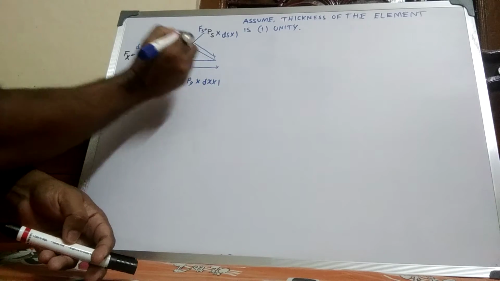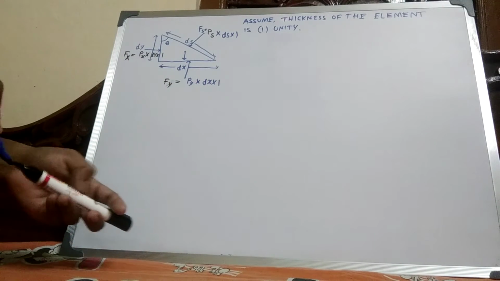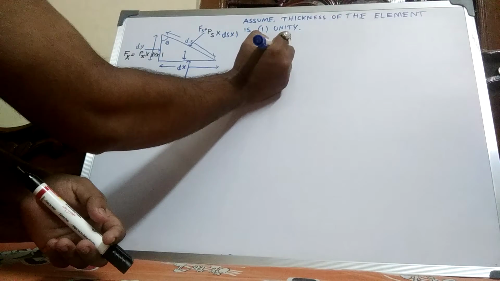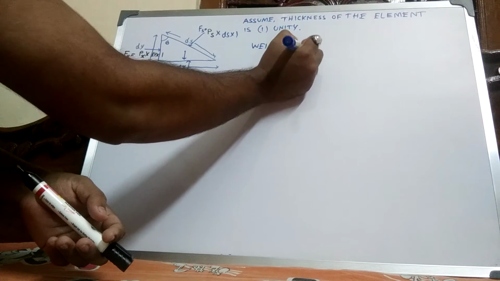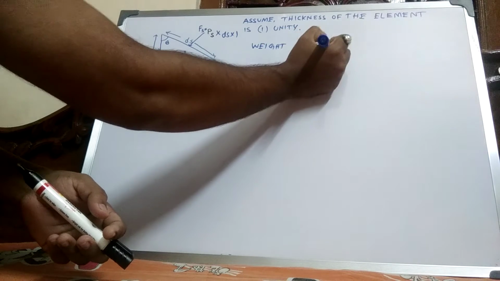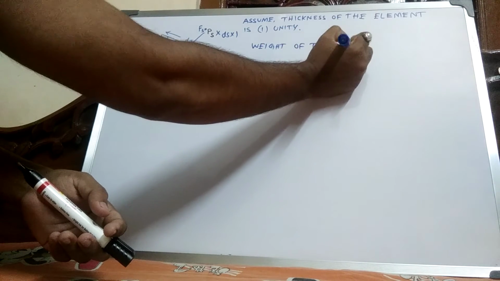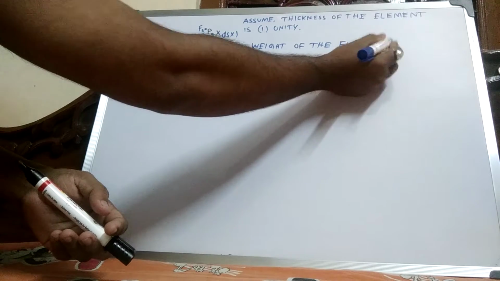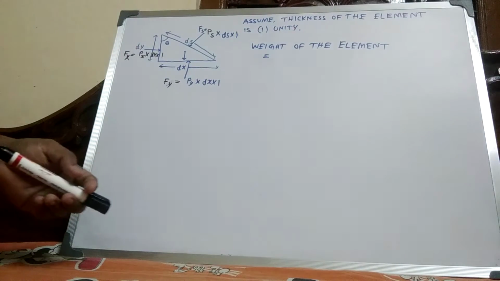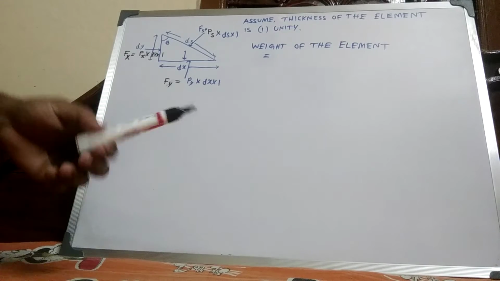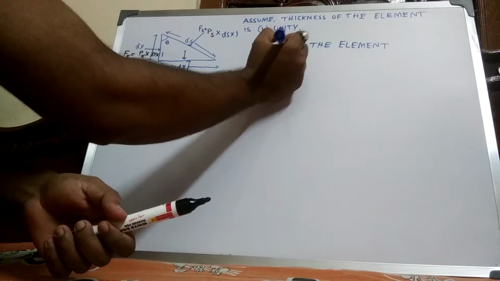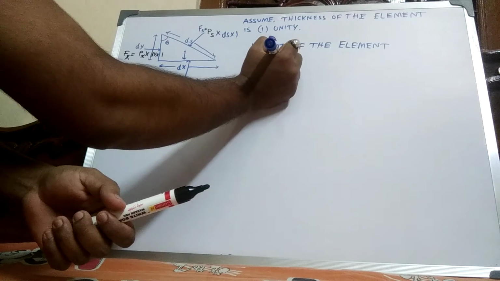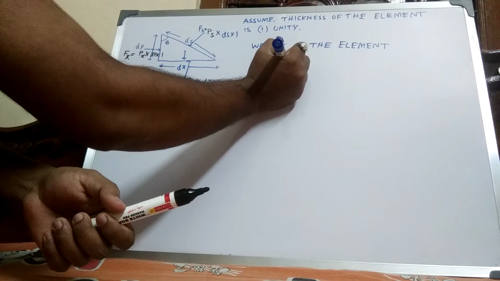And the weight of the element is weight density rho g into volume.